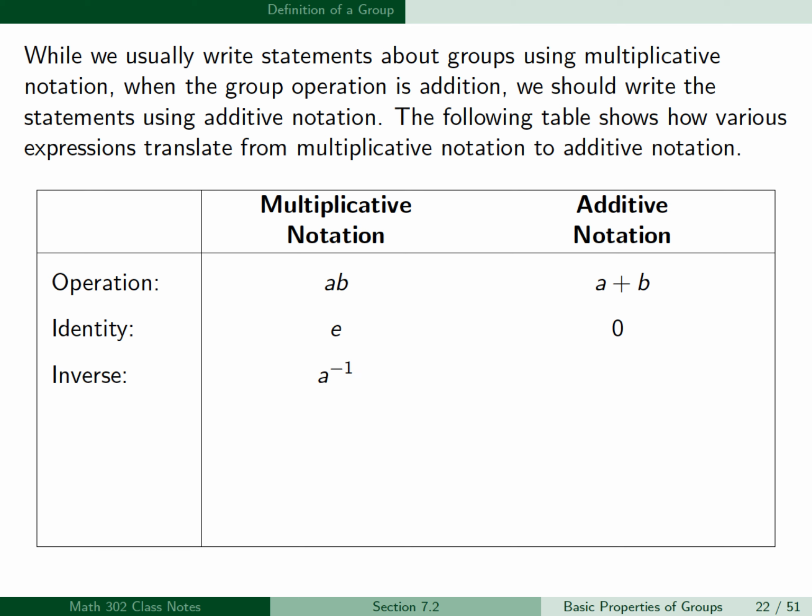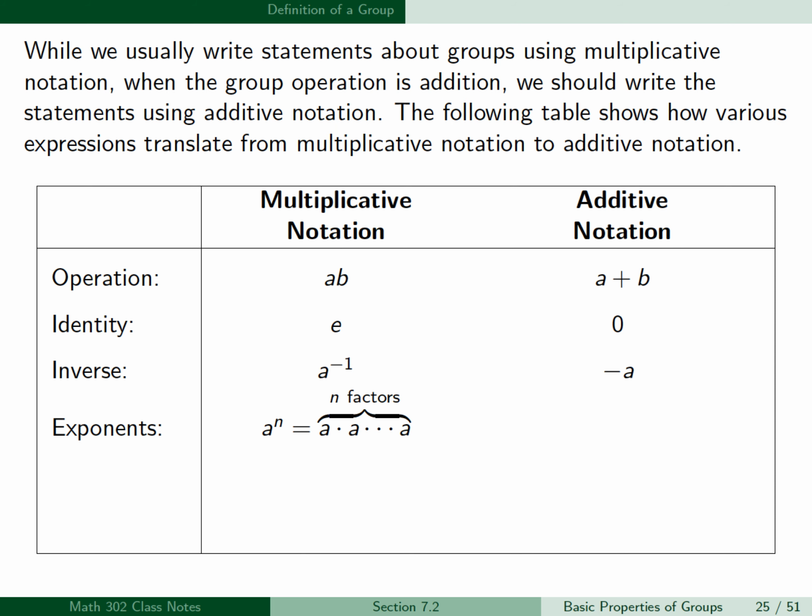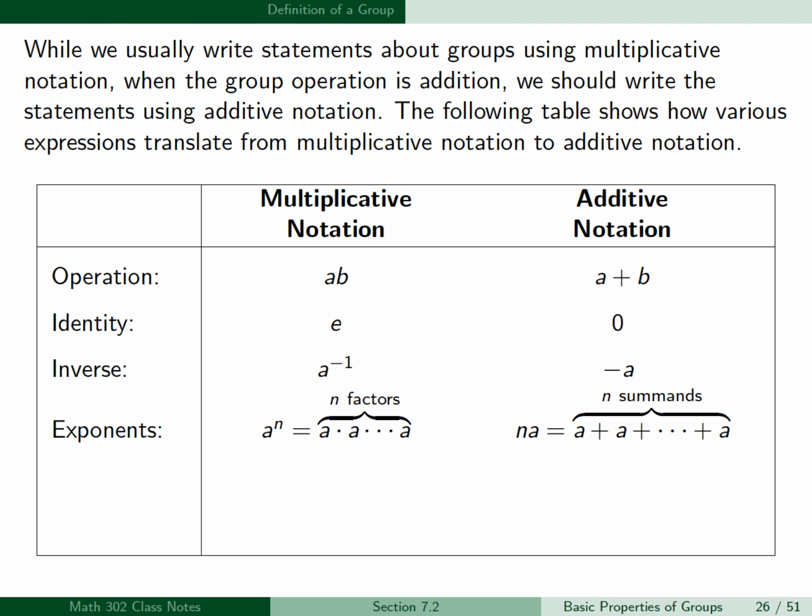The inverse element in multiplicative notation is denoted using a -1 superscript, and in additive notation it's denoted by -a. And our exponents, a^n is a multiplied times itself n times. In the additive notation, this really translates to n times a, which is a added to itself n times.